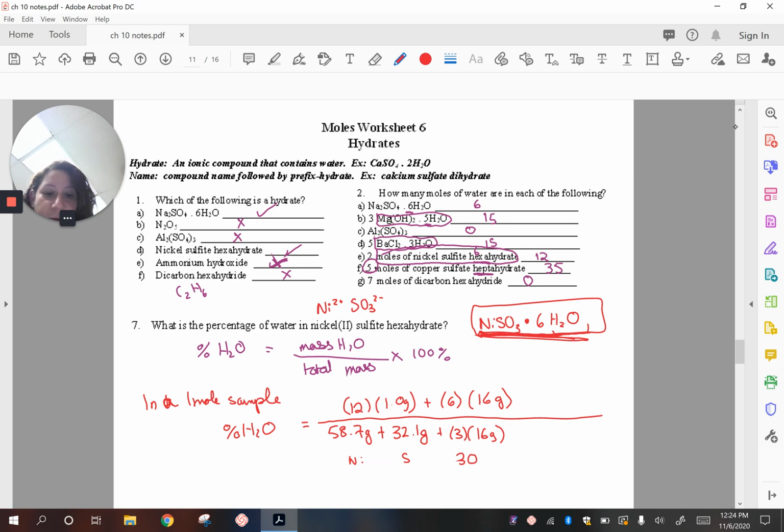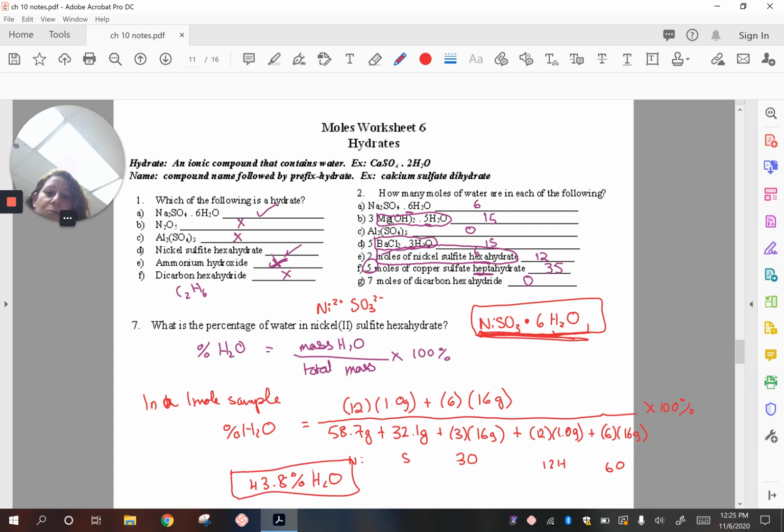And then we have our 6 waters. So within the 6 waters, we have 12 times 1, that's the 12 hydrogens in the water, and then also 6 oxygens. And that is all. And then times 100%. So add all that up, multiply by 100%, you get 43.8% water in nickel 2 sulfite hexahydrate.